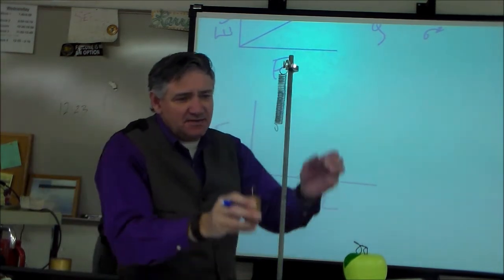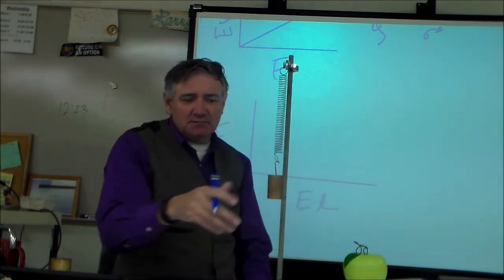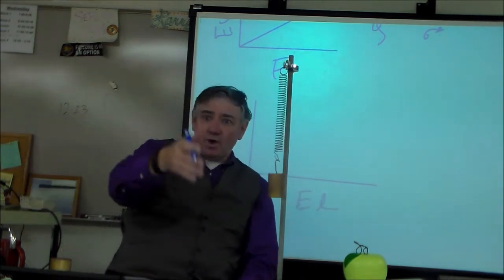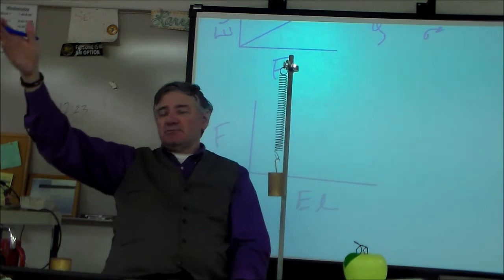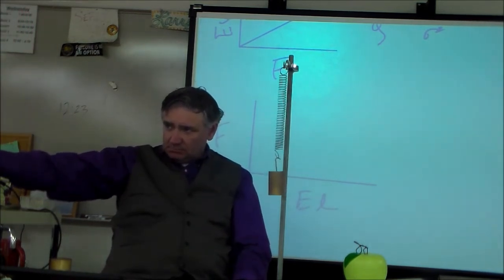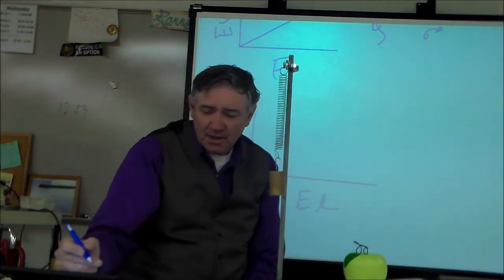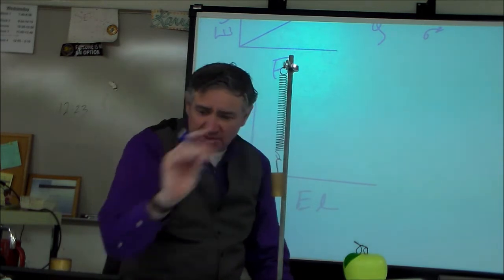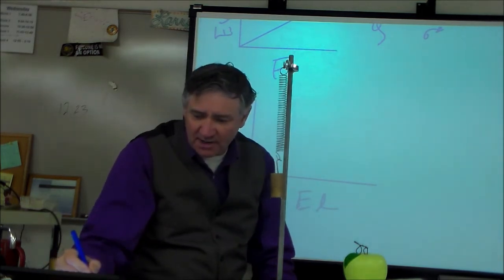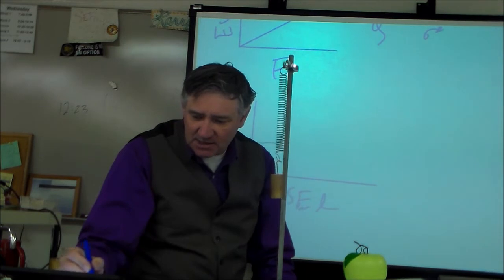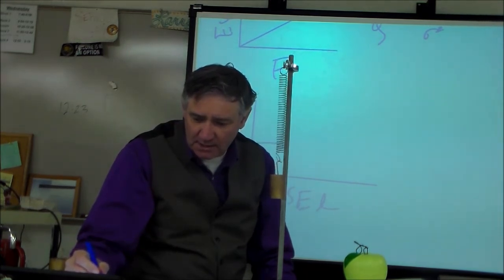So let's say that I put a 1/2 kilogram mass on. 1/2 kilogram weighs what? If I take 0.5 times 9.8, you get 4.9. So this is going to stretch maybe 0.05 meters, and that's going to be 4.9 newtons.